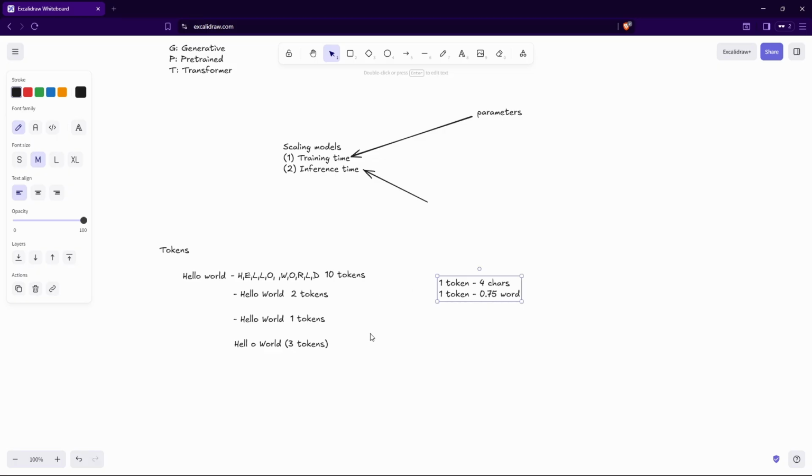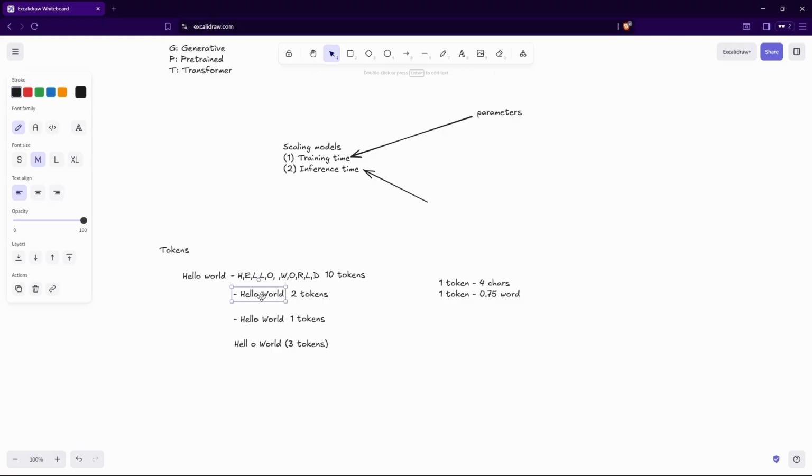Of course, there are much better videos explaining what tokens are, but I was just introduced to this concept of tokens. The more tokens something has, the more memory you have to occupy, the heavier the model is.